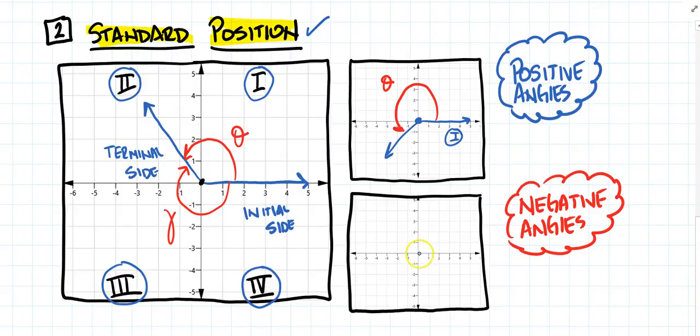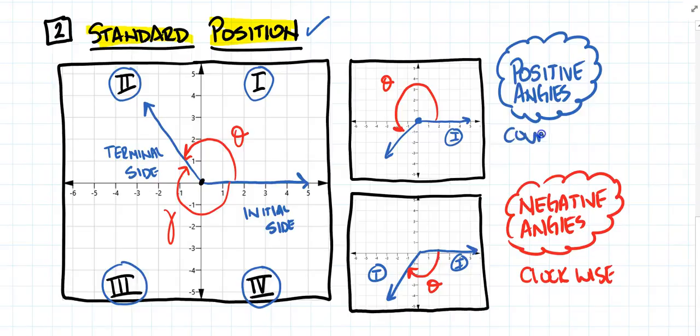Negative angles, on the other hand, if my initial side is glued down and the terminal side is somewhere in the coordinate plane, then this is the angle that I'd be talking about, and that angle would be negative. So negative angles go clockwise. So we'll write that down. Negative angles are clockwise, and positive angles are counterclockwise. Okay, and this is what it means for an angle to be in standard position.